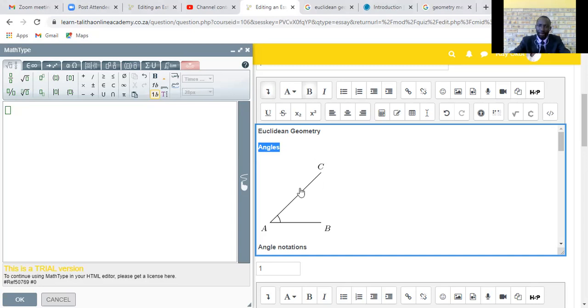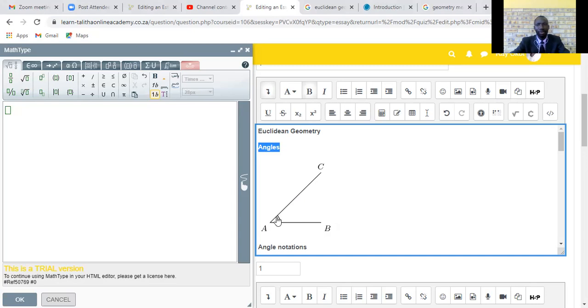Now, in this diagram shown, we have the line segment AC and the line segment AB. Now, these two lines meet, and we see an angle formed at the point A. This measure of space between the line AC and AB is called an angle.